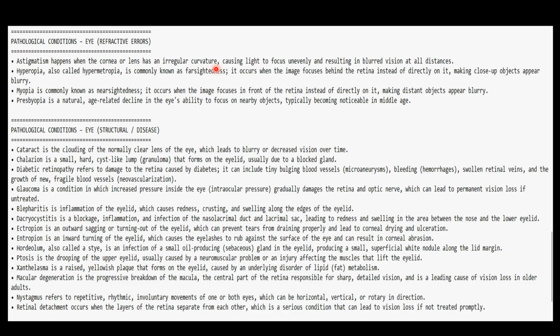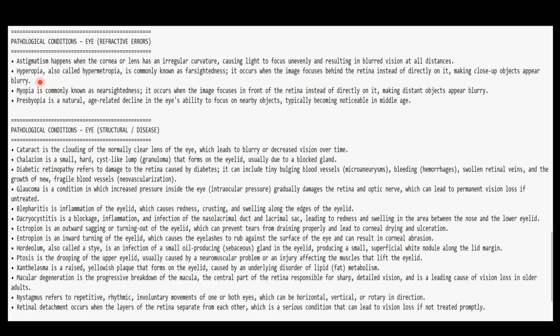Because of an injury or something, if irregular curvature is diagnosed on the cornea or lens, it causes light to focus unevenly. And we all know that if light is focusing unevenly, it will result in blurred vision at all distances. So this condition is known as astigmatism.